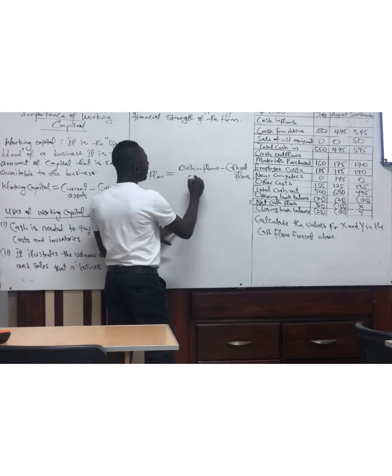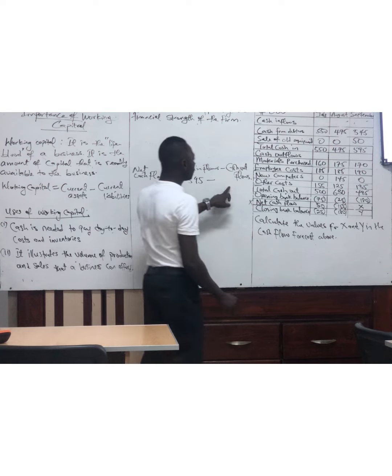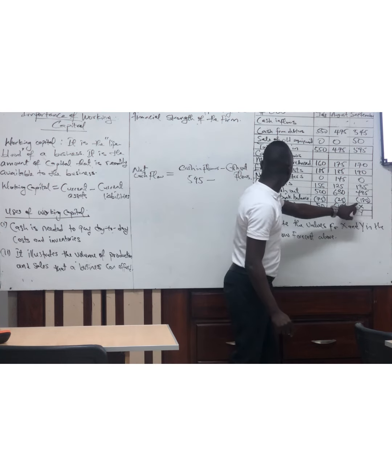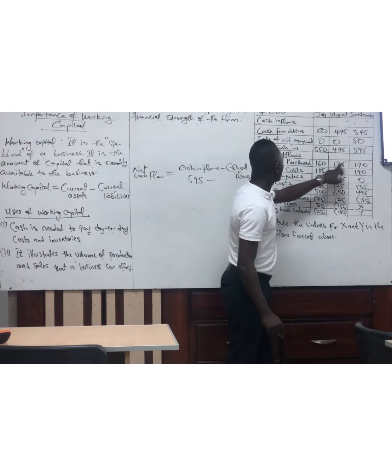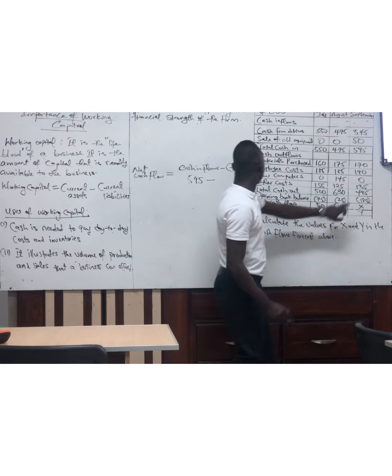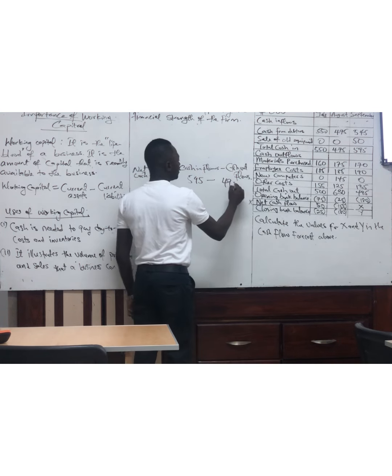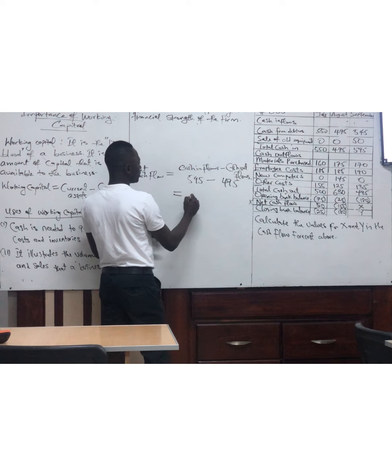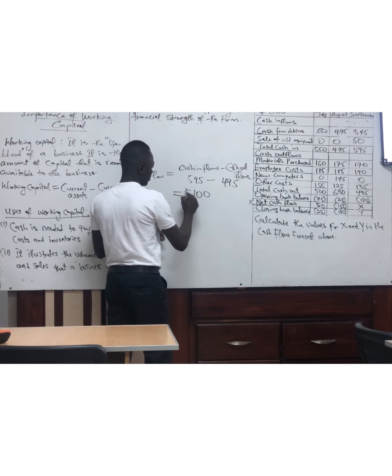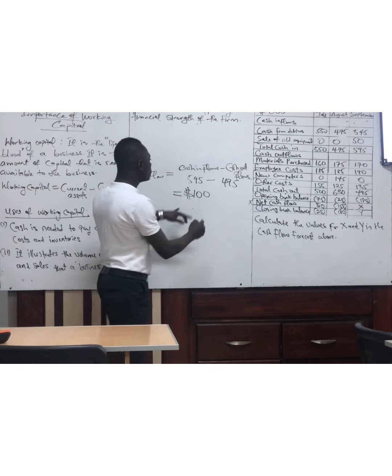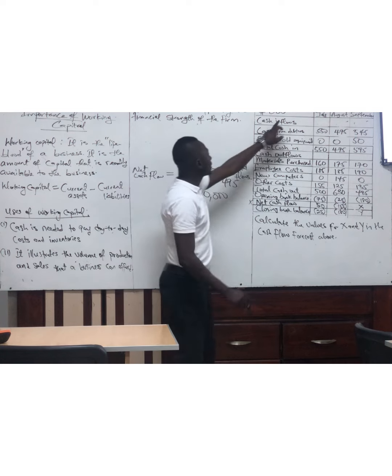So we have 595 minus cash outflows under X, 495. Where is it? Down here, right? $495. So our net cash flow is what? $100. It's in dollars, right? That's $100,000. Remember there are 3 zeros here.